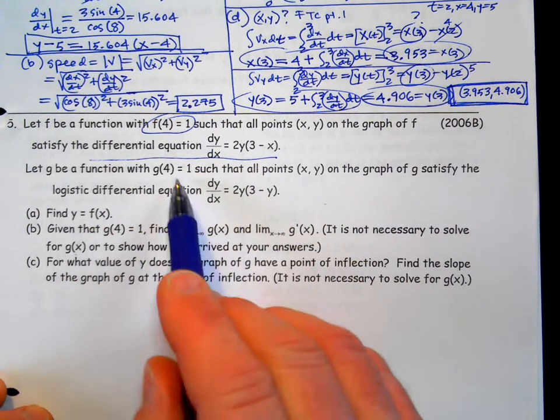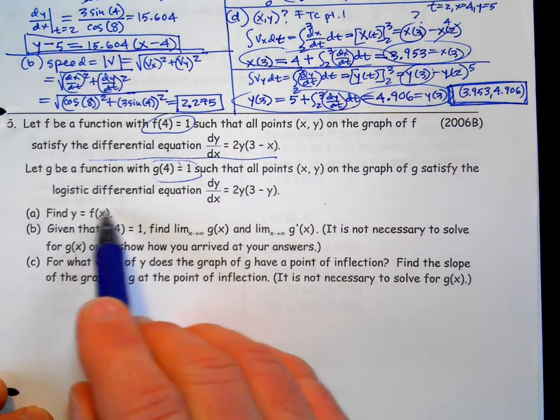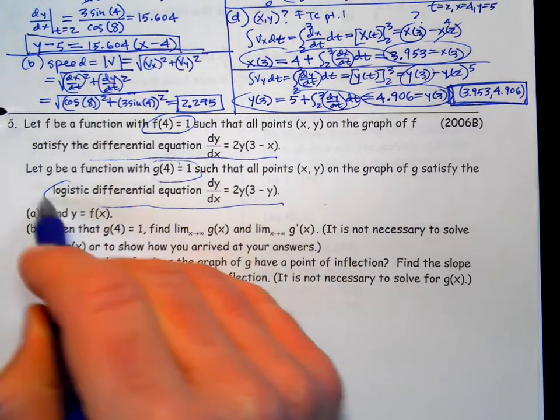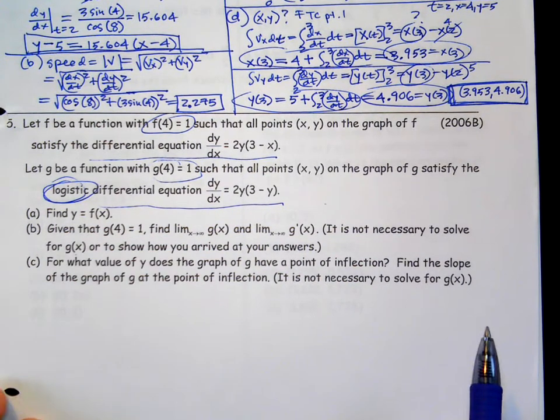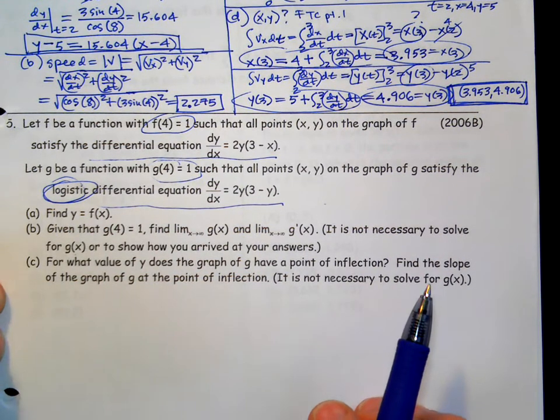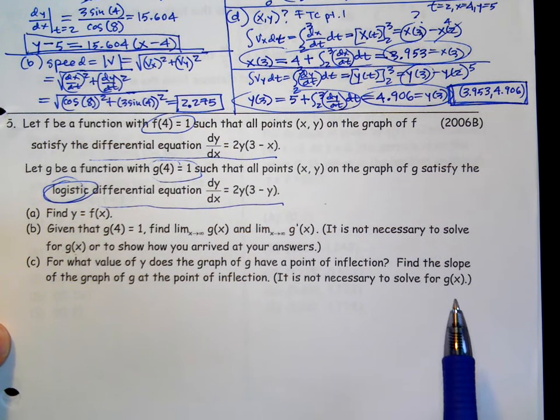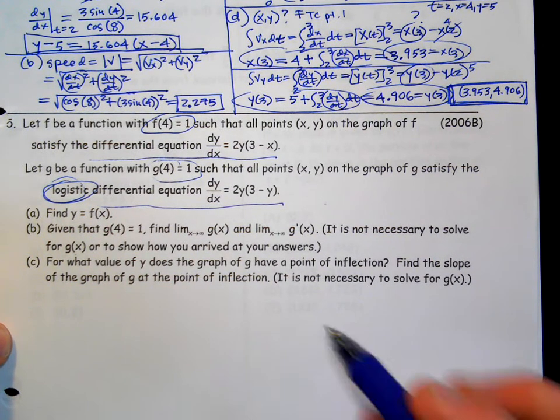Let g be a function so that g4 equals 1. And then this is its differential equation. It's logistic. Oh, this is logistic. But this is also a differential equation. So if they give you logistic, it's often kind of tied into a differential equation kind of problem. So it might have some kind of AB stuff on here. Logistic might be part of it.